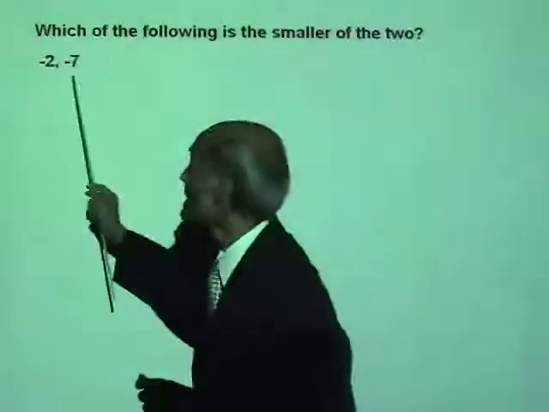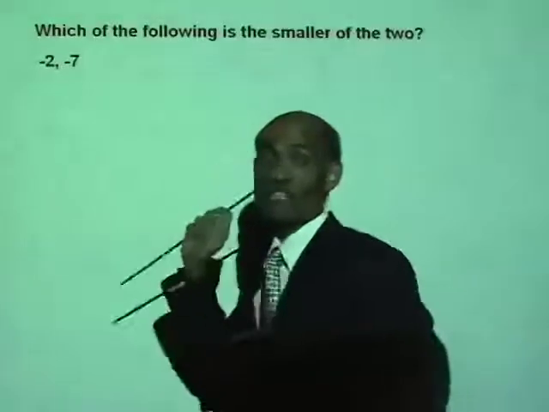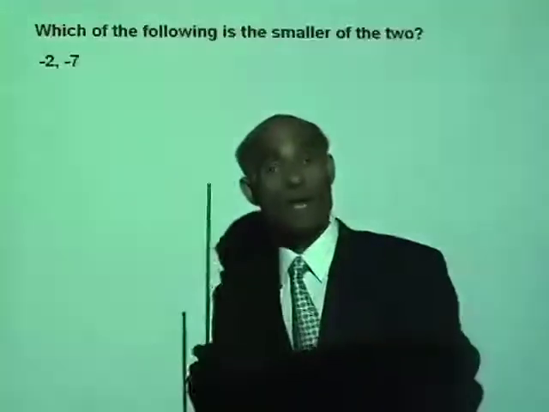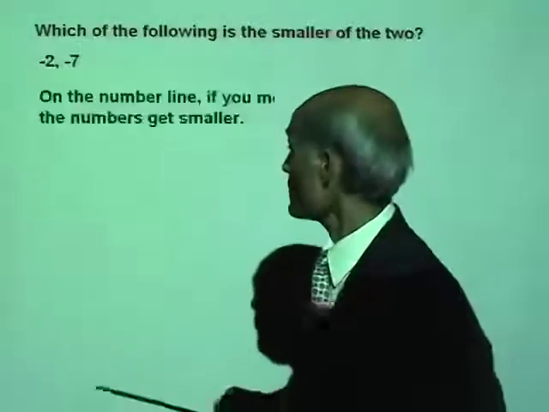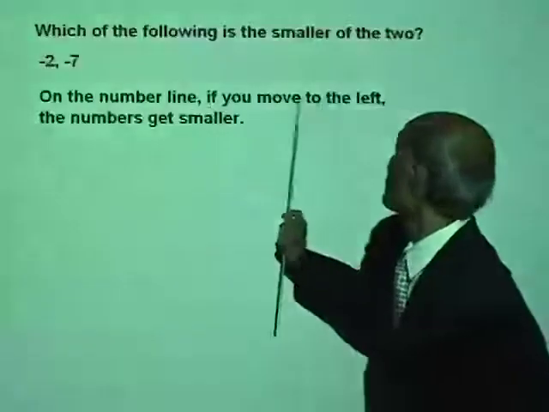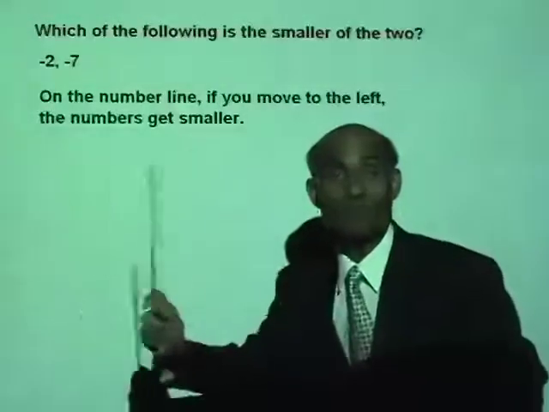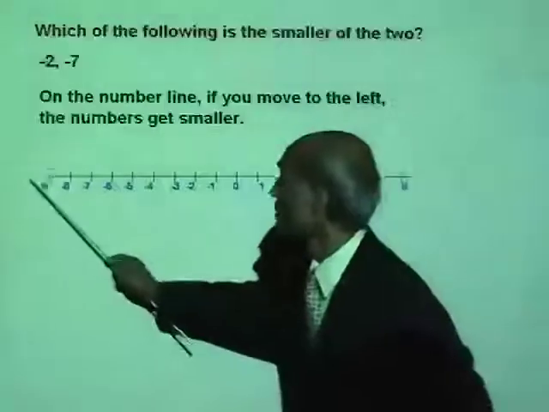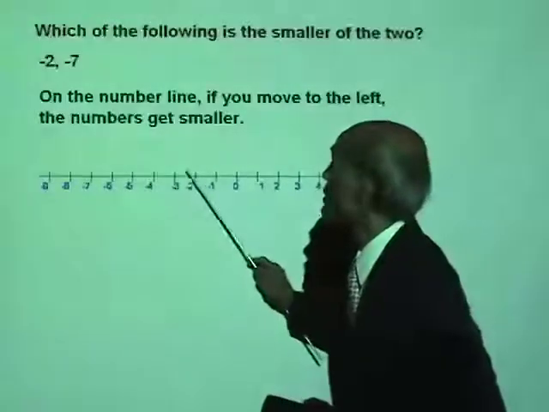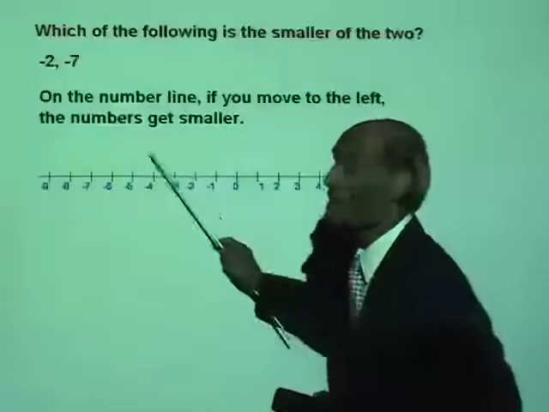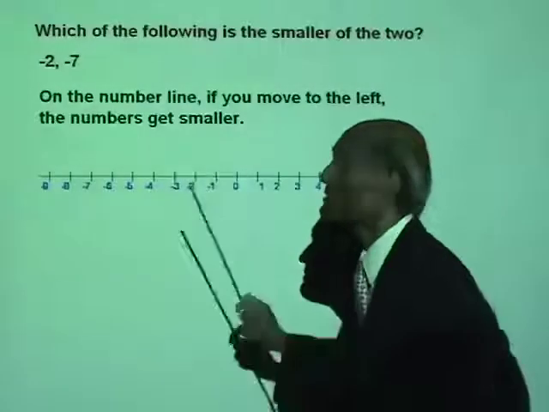Well, obviously negative 7 is to the left of negative 2 on the number line. Is that right? Yes, of course. On the number line, if you move to the left, the numbers get smaller and smaller. So here we have negative 7 over here and negative 2 over here. Negative 7 is to the left of negative 2.